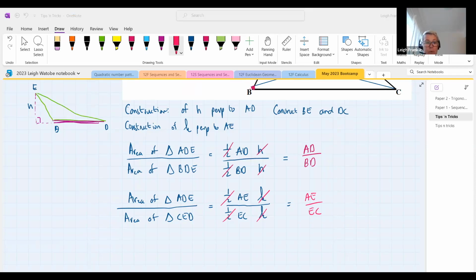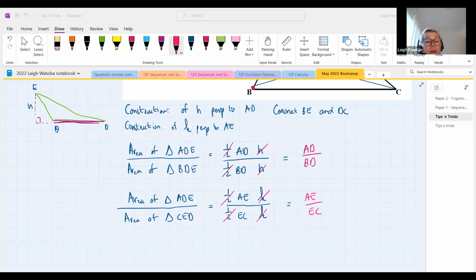Next thing that is important is that the area of triangle BDE is the same as the area of triangle CED. That is because they are triangles that have the same base and perpendicular height when they lie between parallel lines.